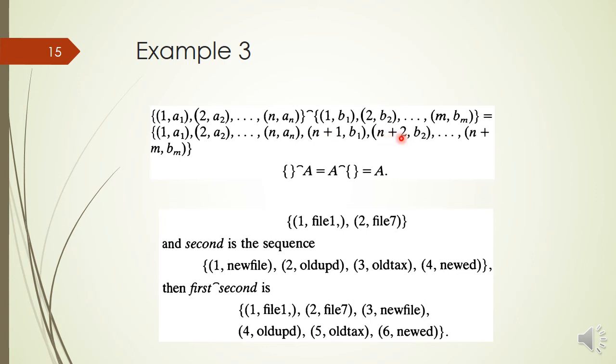Similarly, the second element of the second sequence would appear in the combined sequence with the index of n plus 2, and so on, and the index of the last element of the second sequence can be calculated by adding the last index of the first sequence to the last index of the second sequence.